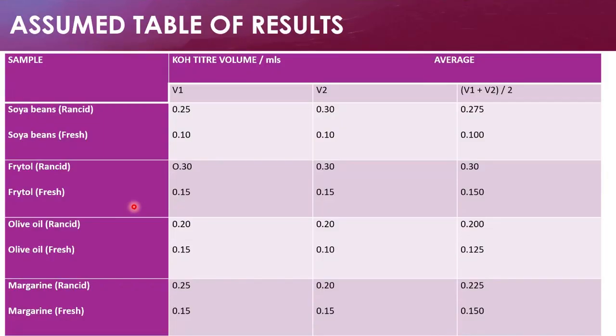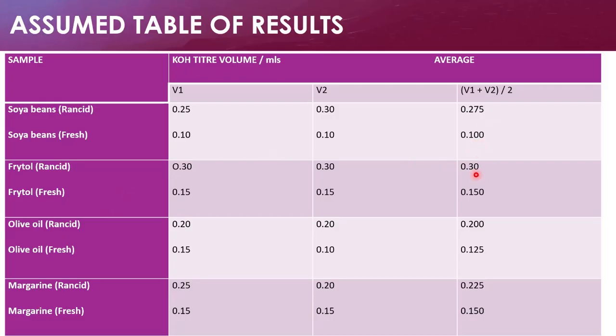Now, this is our assumed table of results showing the titer volume for each of the lipids after subjecting them to titration. For the rancid soya beans, we have an average titer volume of 0.275, and the fresh we have 0.100.